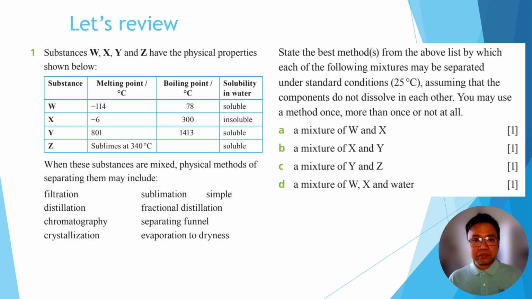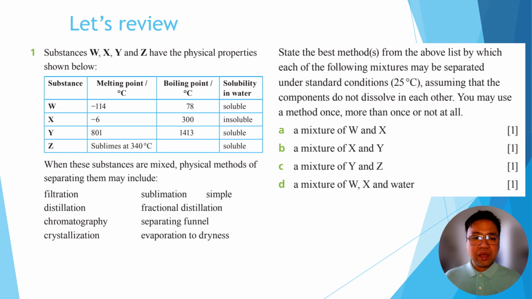Number three, fractional distillation. If substances Y and Z were mixed, since their boiling points are significantly different, fractional distillation could be used to separate them by heating the mixture to a temperature above 340 degrees Celsius but below 1413 degrees Celsius. Z would sublime and could be condensed back into a solid, while Y would remain.